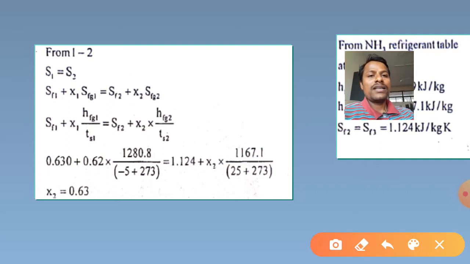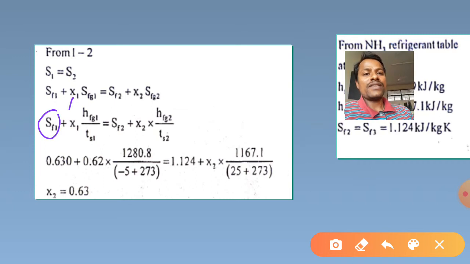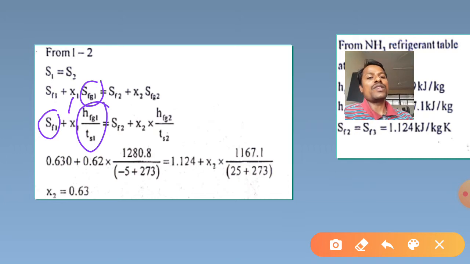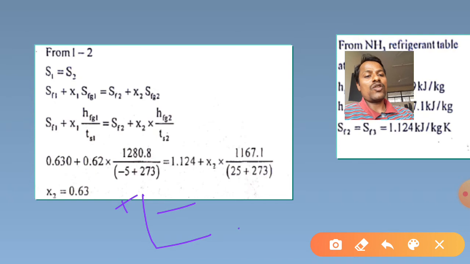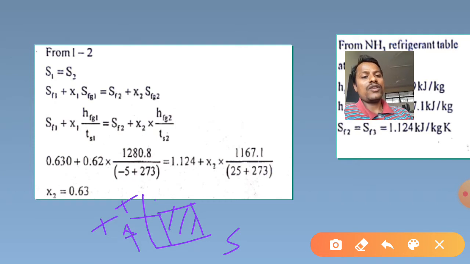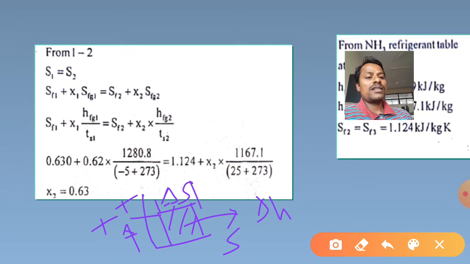I am keeping SF1 and the dryness fraction as they are, and I am writing SFG1 in terms of enthalpy and saturation temperature, because we know the saturation temperature and enthalpy from the refrigerant table. On any temperature entropy diagram, this area, that is temperature T into change in entropy, T into delta S, represents the change in enthalpy.